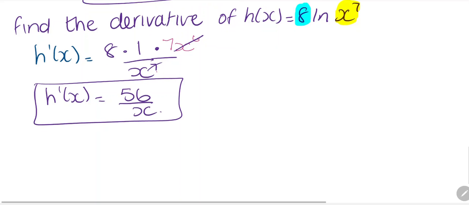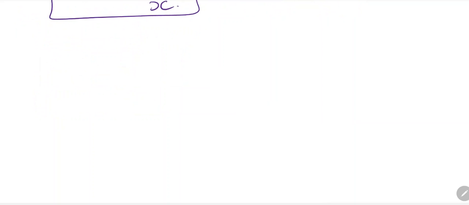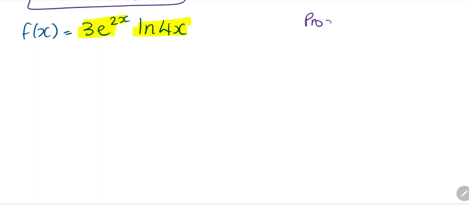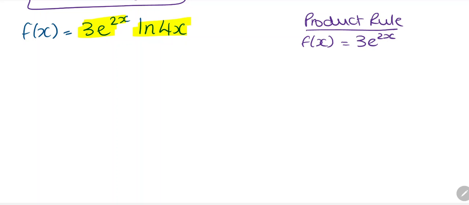So challenge question now. Let's have another example. f of x is equal to 3e to the 2x ln 4x. So we need to solve this question. We'll notice we have two terms, so this means we need to use the product rule. Our f of x is 3e to the 2x, and our f prime of x, we write it the same and multiply by our derivative, which we can write in front.